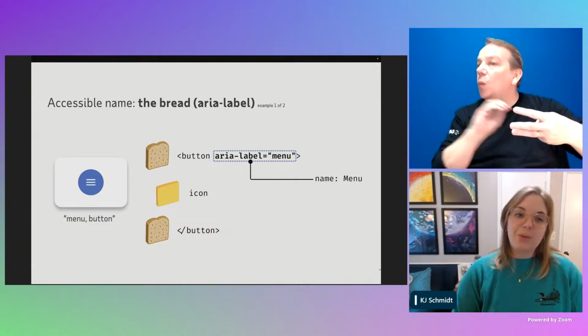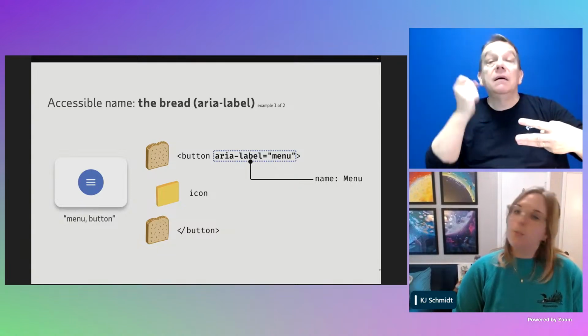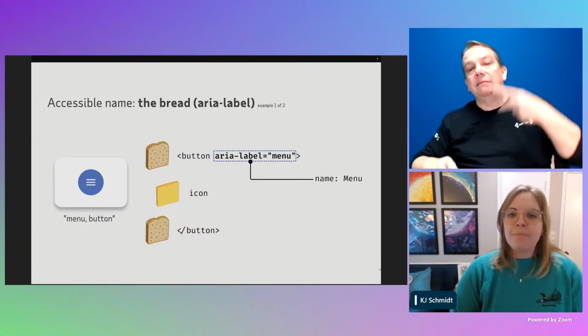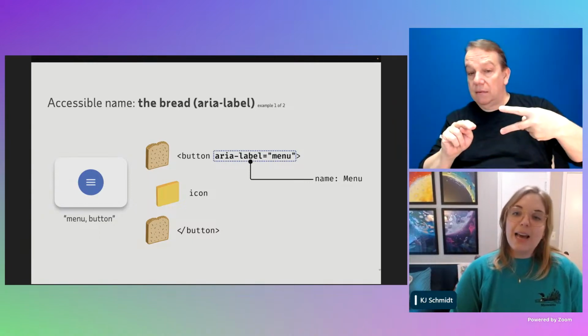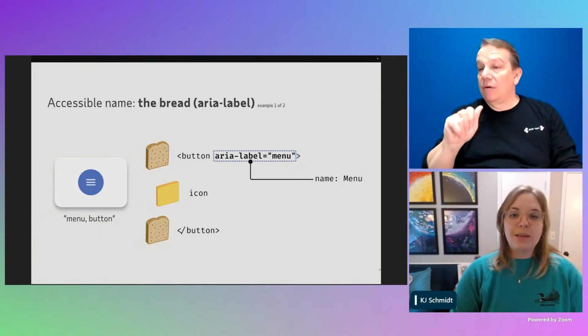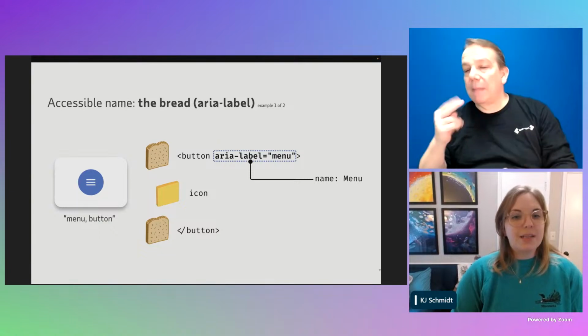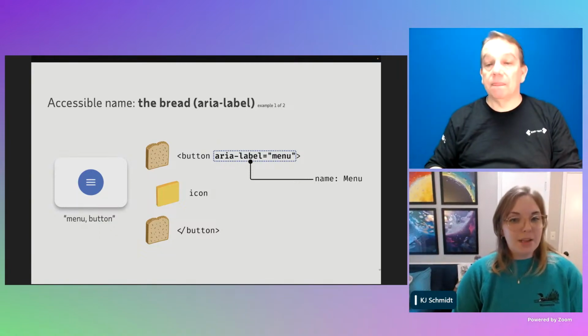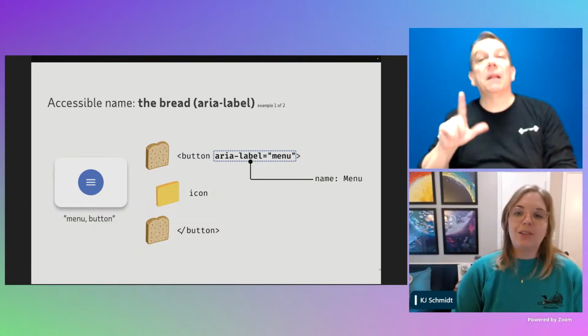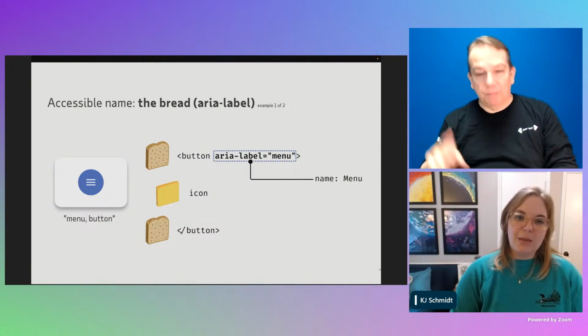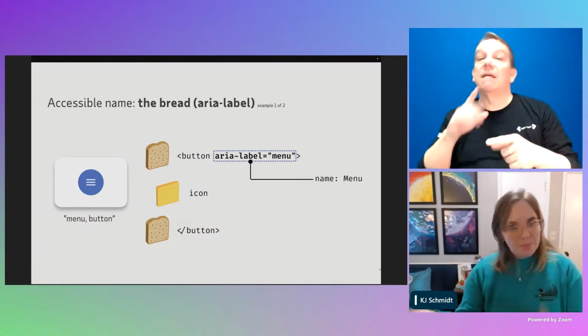Inside of my button sandwich, I have an icon, but I don't have any text. In the button start tag, I added the ARIA label equals menu. So for this element, the accessible name is menu. When a screen reader encounters this button, it will announce the name and role. So menu button.